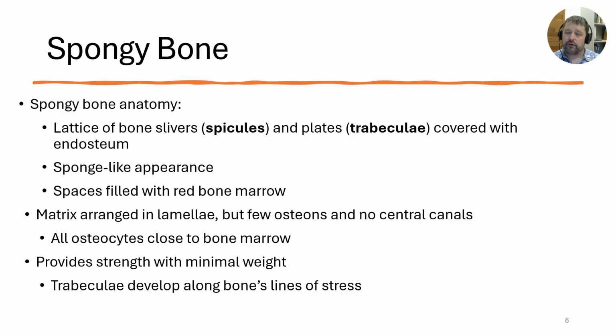And so even though it's not as strong as compact bone, there's still a lot of strength to it, but less weight, which makes it advantageous because the more weight you might have, of course, the more muscle attachment, the greater the muscle would have to be, the more energy you would have to expend to move that body. So the lighter you can get those bones, the better you will be at conserving and utilizing energy in a better way. We can come back and talk about that energy expenditure later.